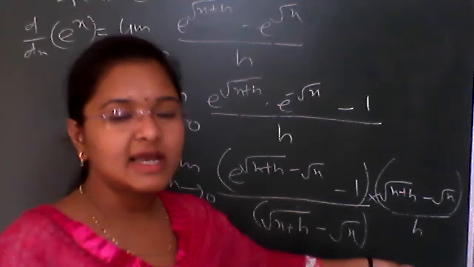So in one bracket you will get the standard form, that is e raised to x, limit as x tends to 0 of e raised to root x plus h minus root x minus 1, whole thing divided by root x plus h minus root x. In another bracket, limit as x tends to 0 of root x plus h minus root x, whole thing divided by h.